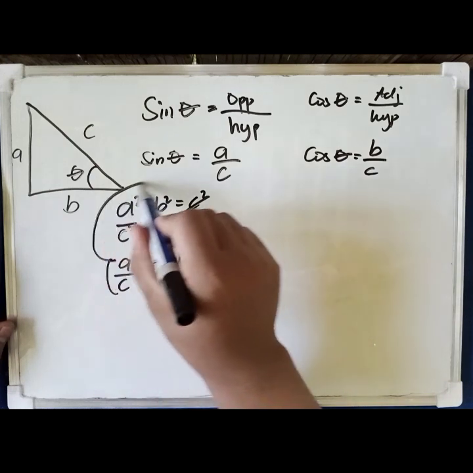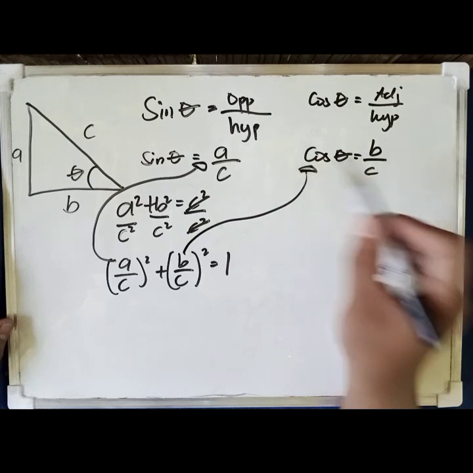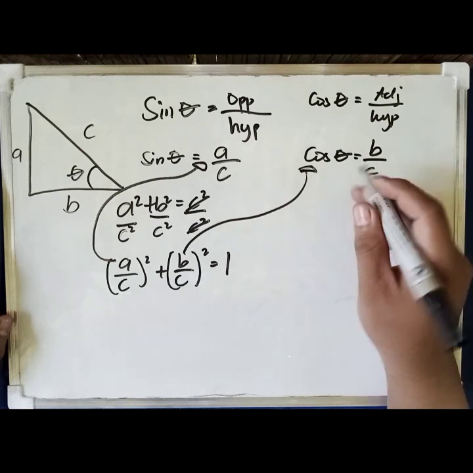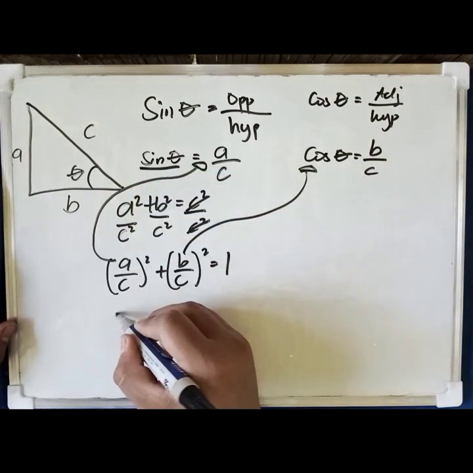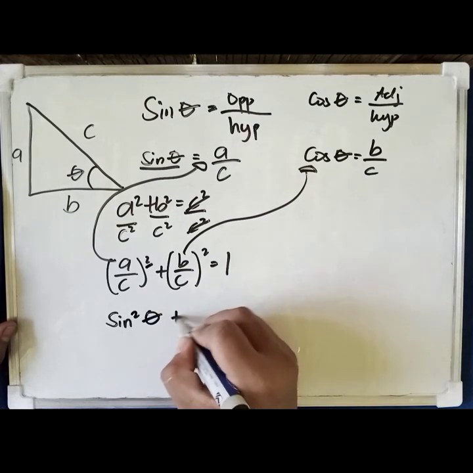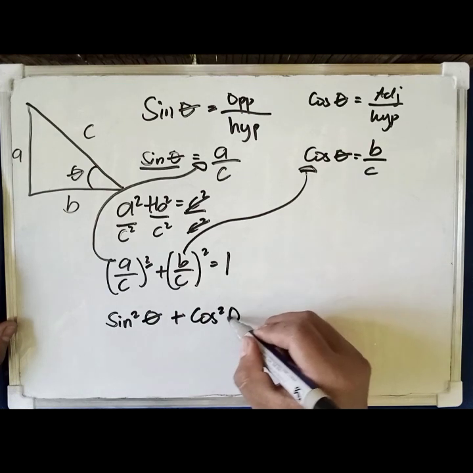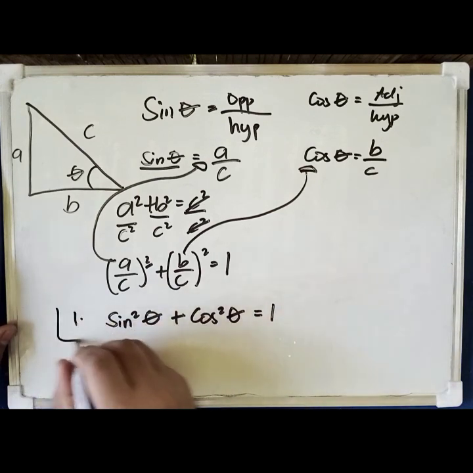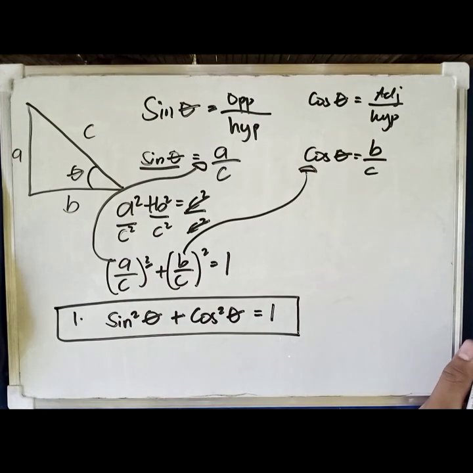So this is the same as the values that we did above. Then a over c quantity squared can be rewritten as sine squared theta, plus b over c can be rewritten as cosine squared theta, then equal to 1. So from there, we have derived the first Pythagorean identity.